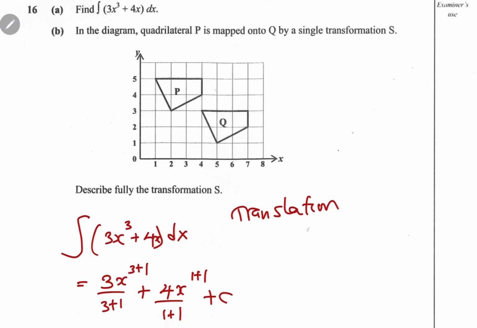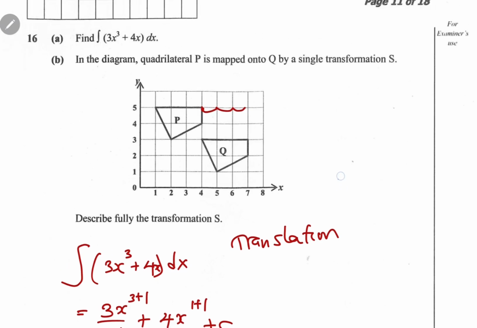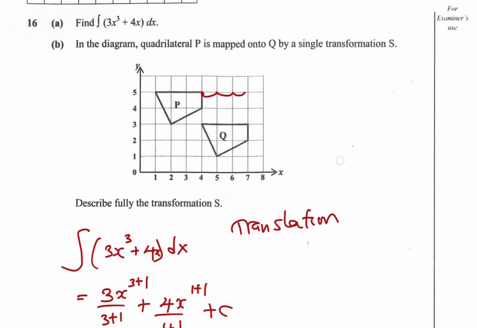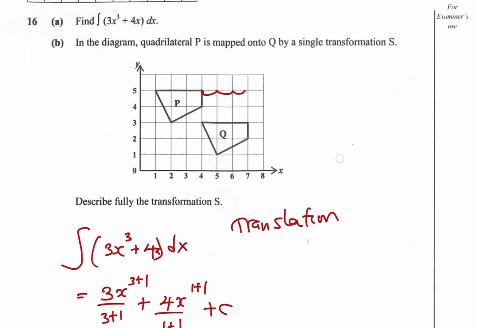Okay, so if you were to look at the corresponding side, let's say this one, it has moved to this side 1, 2, 3. So it has moved 3 times. P is mapped onto Q by transformation S. Describe fully the transformation S. Okay, so P to Q. So it has moved going this side, 3 times. Then down 1, 2.